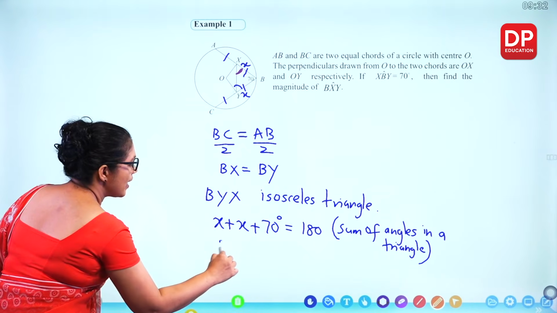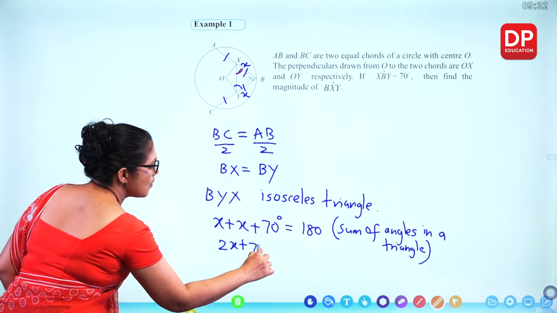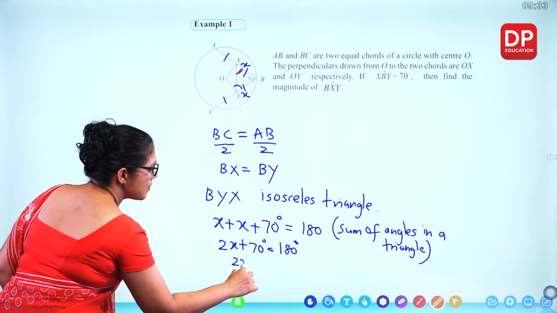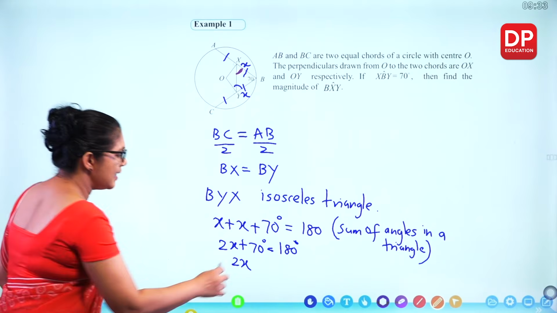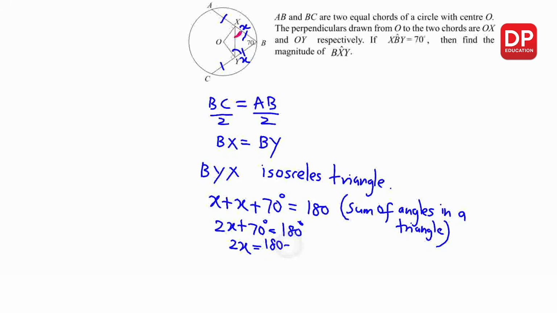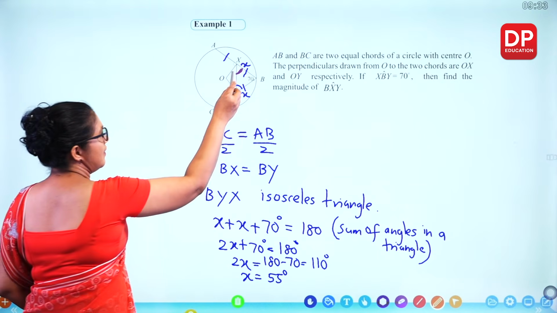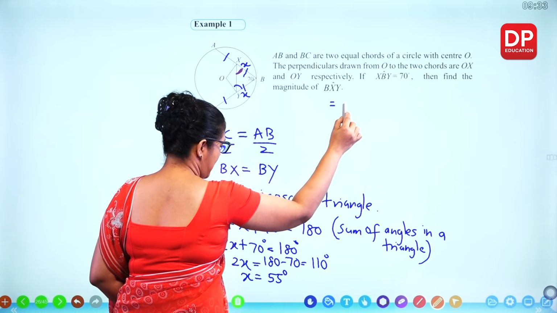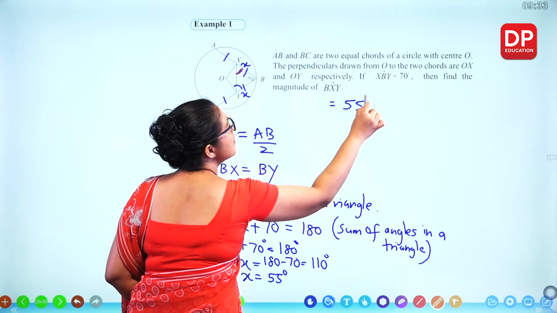And then 2x plus 70 equals 180. 2x becomes, take 70 to the other side, 180 minus 70, you get 110. So when you divide by 2, you get x equals 55 degrees. So here that means angle BXY is 55 degrees.